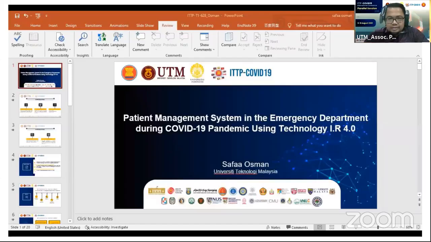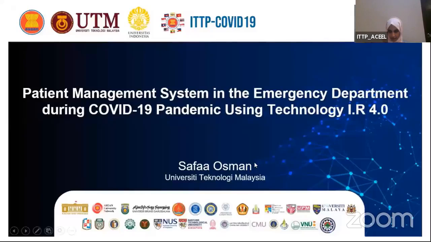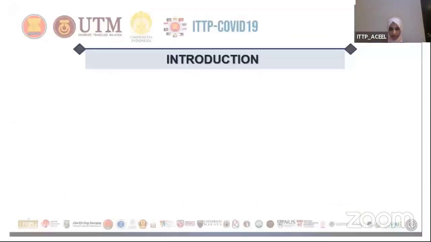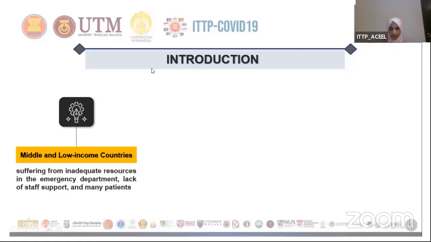Hello everyone. This is Safa Osman from University of Technology Malaysia, and I'm going to present my paper with the title of Patient Management System in the Emergency Department during the COVID-19 pandemic by using technology IR 4.0. First of all, I want to start with a brief introduction. Basically, middle and low income countries are suffering from inadequate resources and a lack of staff support.